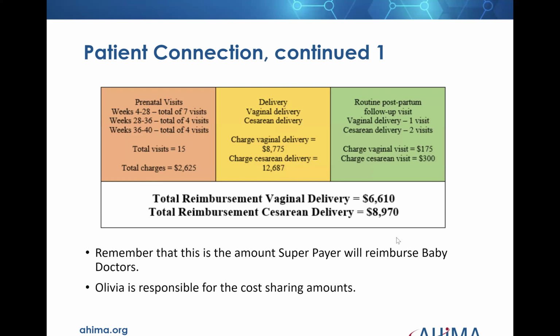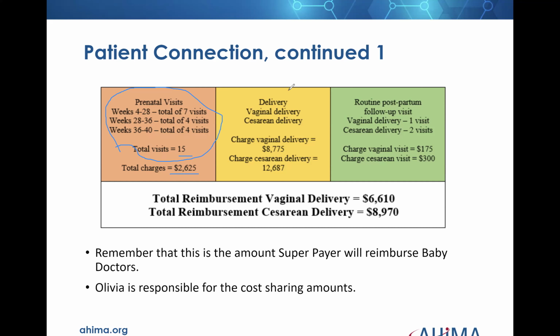You can see here the prenatal component of it, 7 visits in weeks 4 through 28, weeks 28 through 36, the total of 4, 36 through 40, total of 4, total visits are 15, total charges are 2,625.